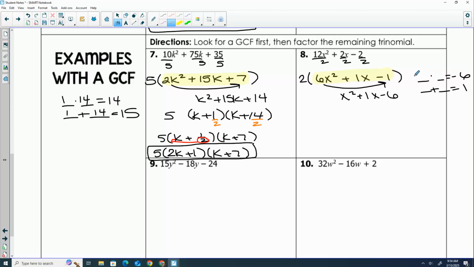What would they be? 3 times -2 is -6, 3 plus -2 is 1. So the 2 just comes down. We have x plus 3, x minus 2.